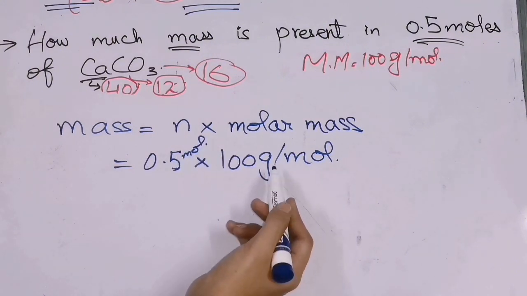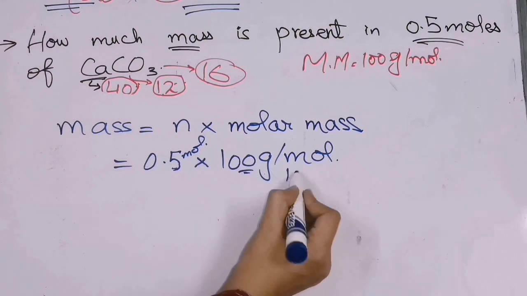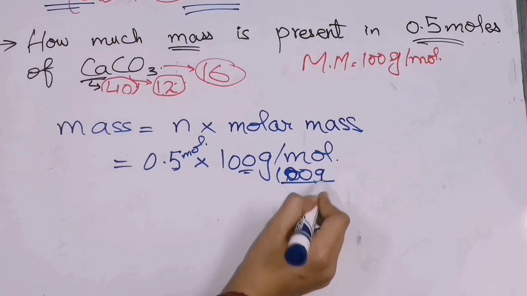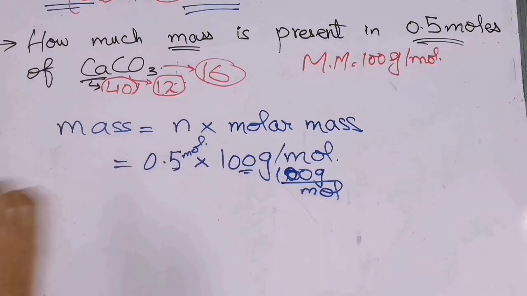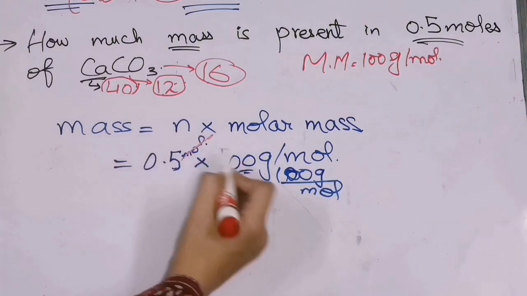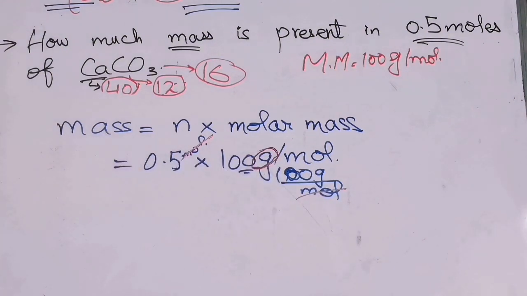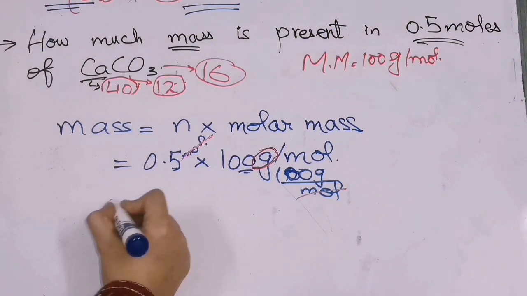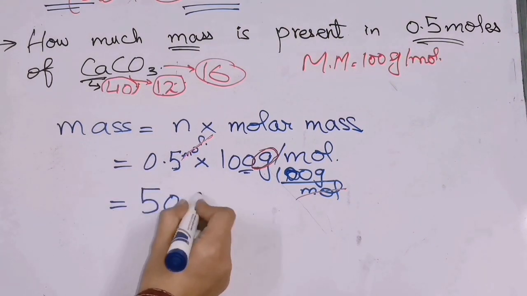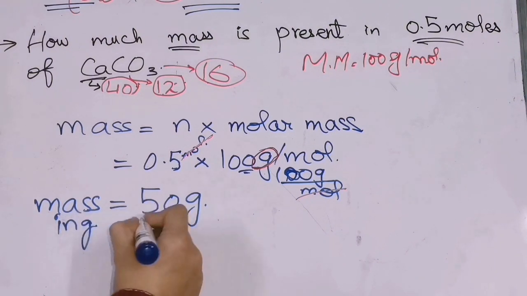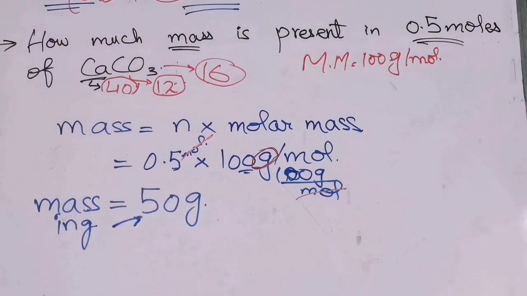You can see over here that if we write it in the other form, it's like this, 100 gram per mole, right? So this mole and this mole will cancel each other and we will be left with gram. So after calculating this, we will get an answer 50 grams. So the mass in gram that we found is 50 grams in 0.5 moles of calcium carbonate.